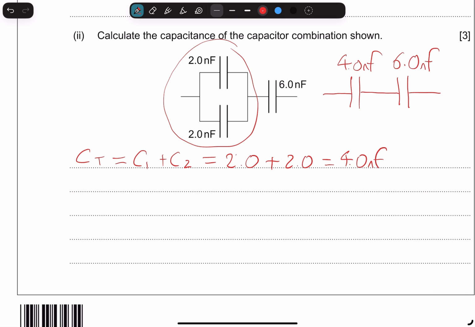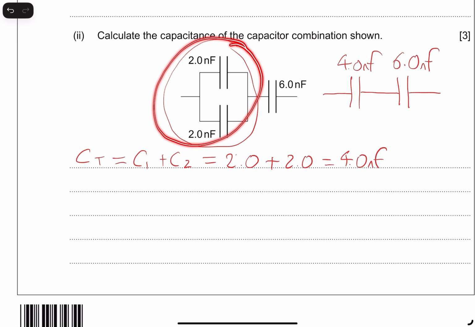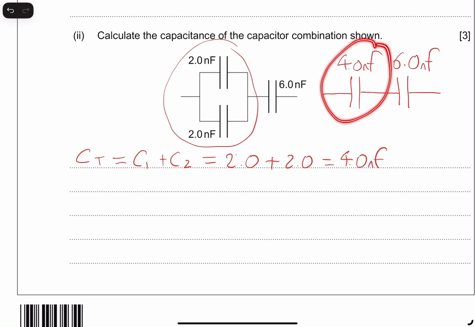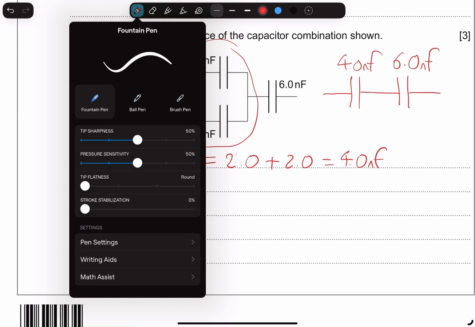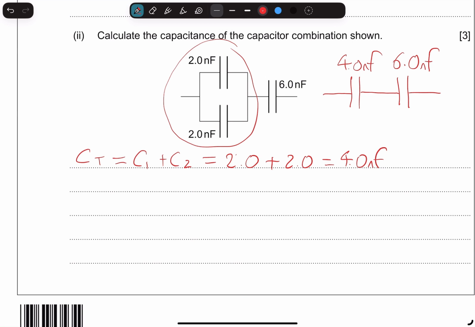We've combined the parallel capacitors into one capacitor that replaces them. We could call that the equivalent capacitor. Now that we've got these two in series, we can work out their combined capacitance. To do that, we use the equation 1 over Ct is equal to 1 over C1 plus 1 over C2.